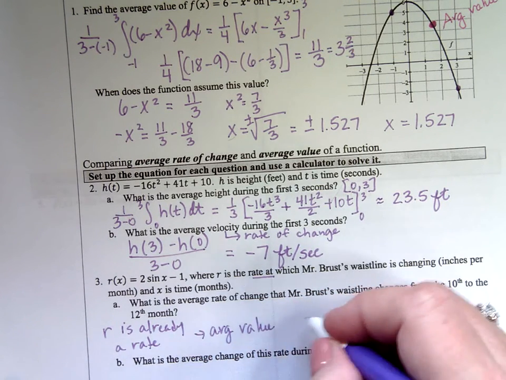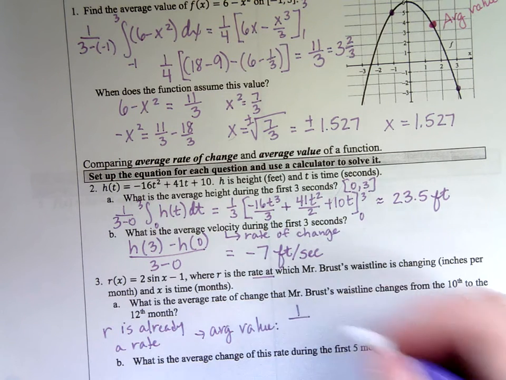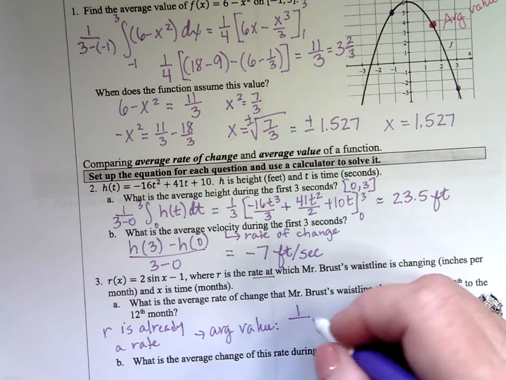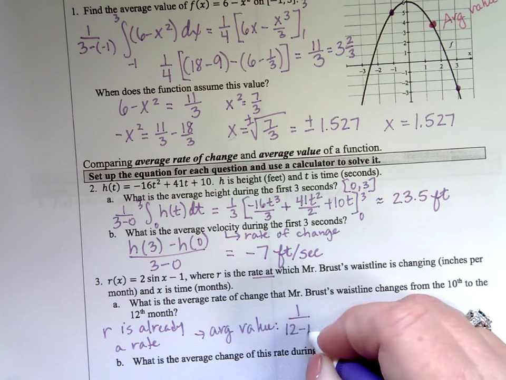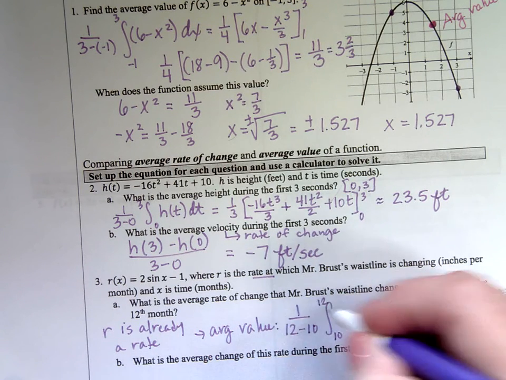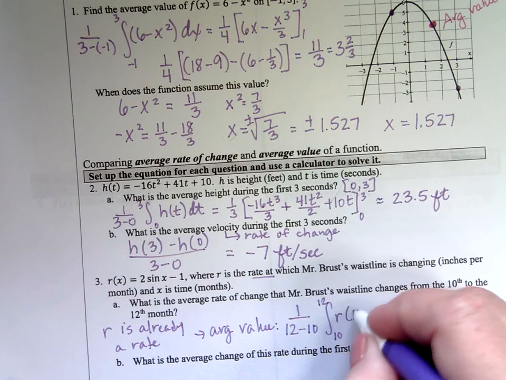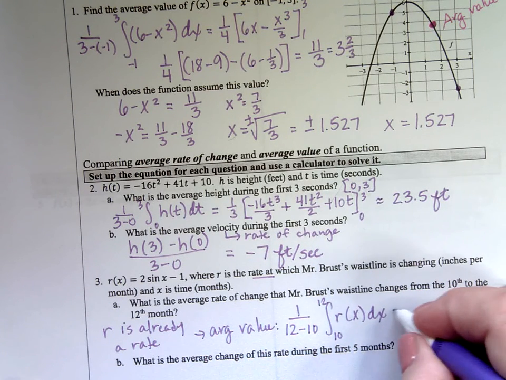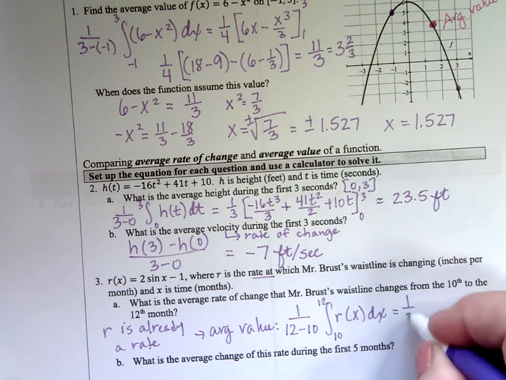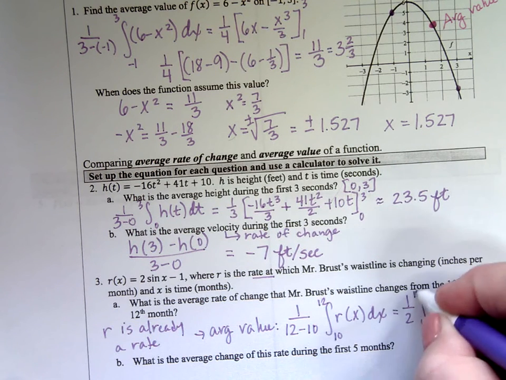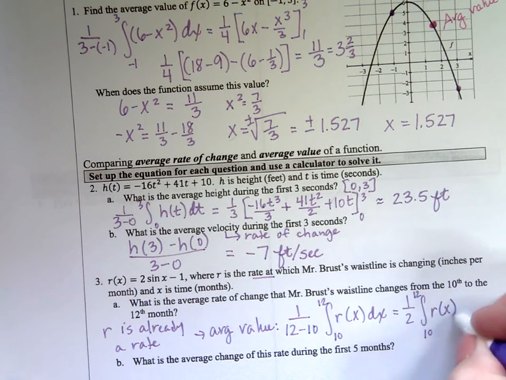So here I go: 1 over the 10th month to the 12th month, so that's going to be 12 minus 10, times the integral from 10 to 12 of r of x dx. And so I go to my calculator. I've got 1/2 times the integral from 10 to 12 of r of x dx.